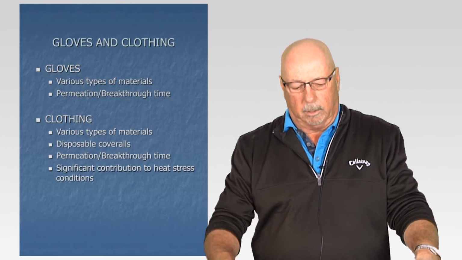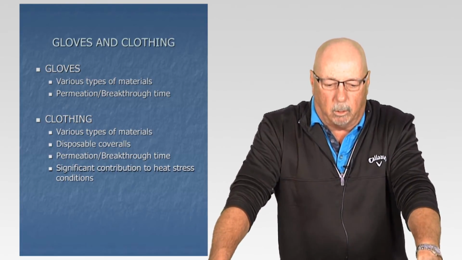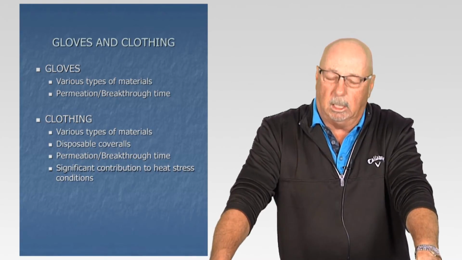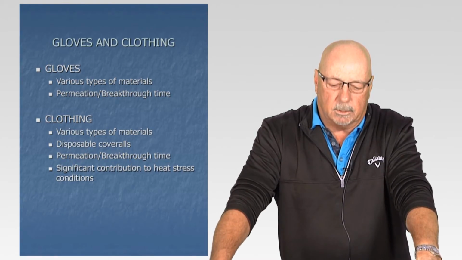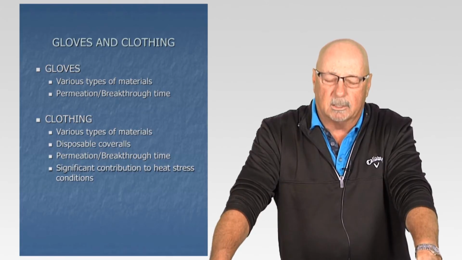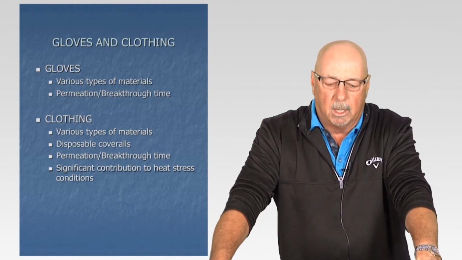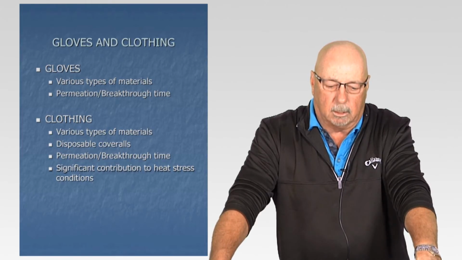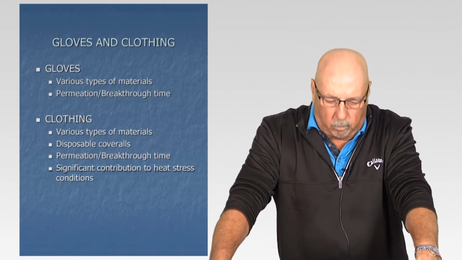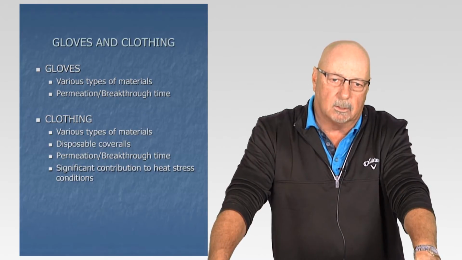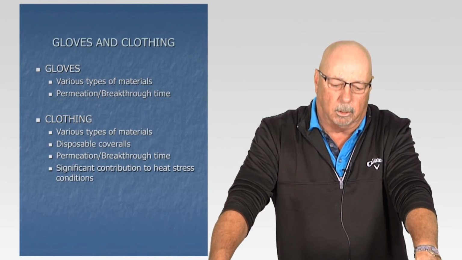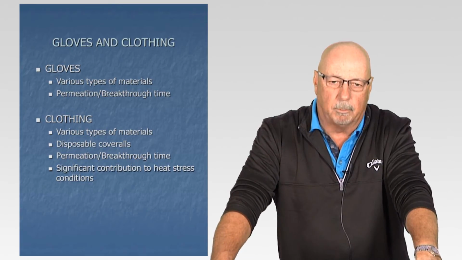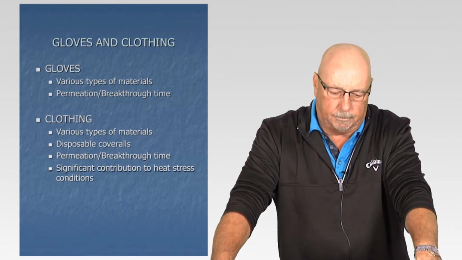to make this clothing. One of the things we always have to remember also is when we put workers in any protective equipment, it is going to put a body burden, a stress, a strain on the body. We need to be cognizant of that factor, especially when workers have to work in hot environments. We put this personal protective clothing on, and it increases the magnitude of the heat stress condition.